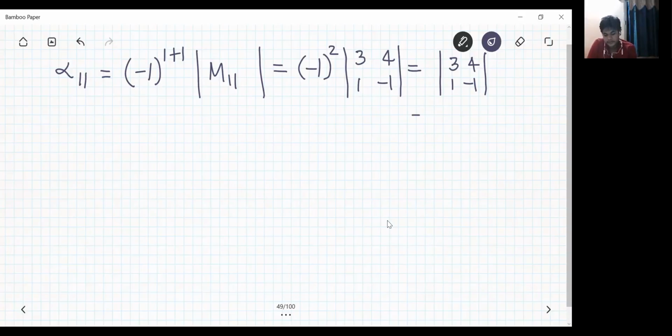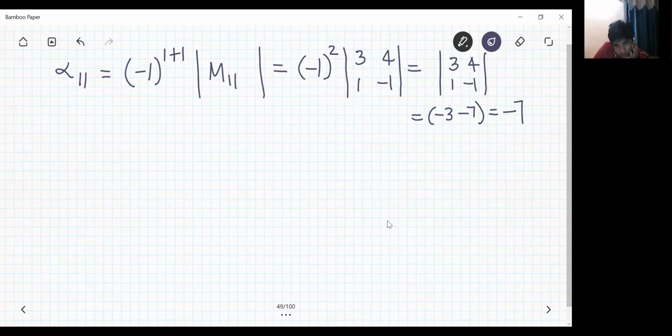So we got the answer as minus 7. Why is that? It is because minus 1 to the power of 1 plus 1 is minus 1 to the power of 2. That means it is plus 1. So we don't write the plus 1 here. Therefore, you got this answer.